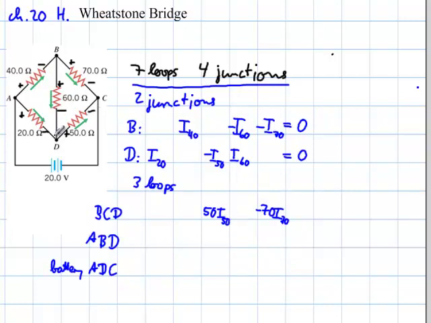And then as I go back to B here, I also have a potential increase, so I have 60 times I60, also a positive number. And when I'm once around with my loop rule, I come to the same potential, and so therefore going once around, the potential difference is 0, and of course I come up with 0.